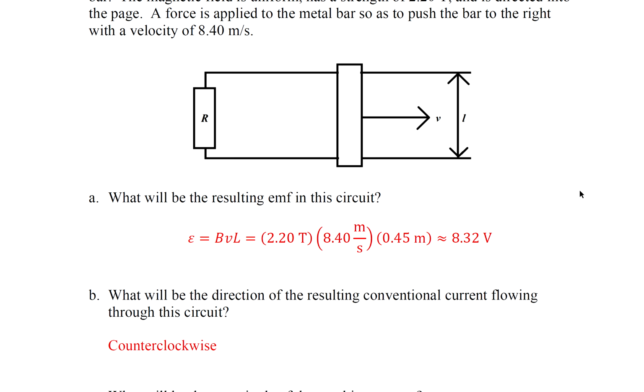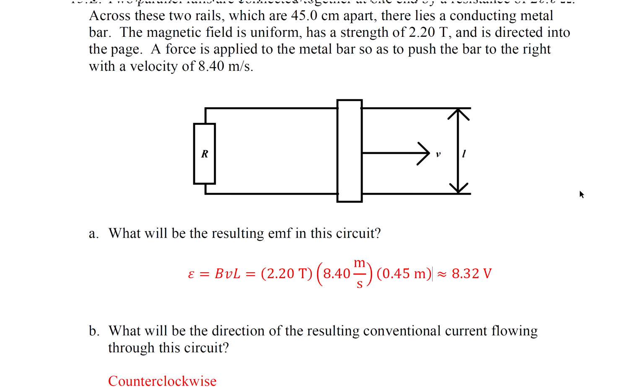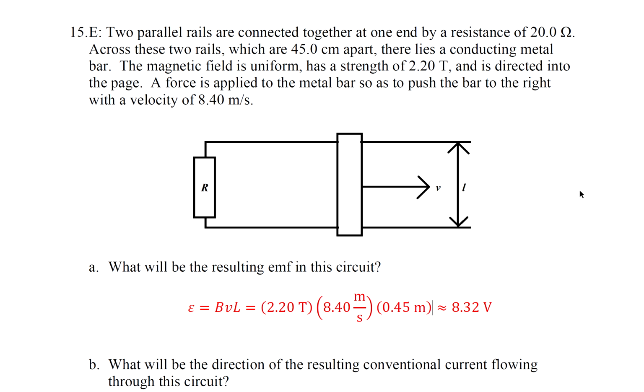Okay. What would be the direction of the resulting conventional current flowing through this circuit? So remember, take out your right hand. Let's use the right hand rule. The magnetic field is into the page. So if the magnetic field is into the page, that means as this metal bar goes to the right, we're going to get more magnetic field lines, a greater magnetic flux.